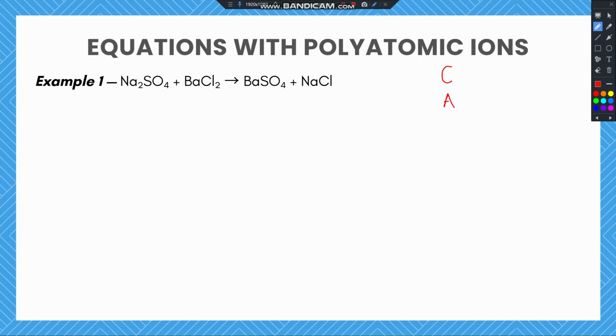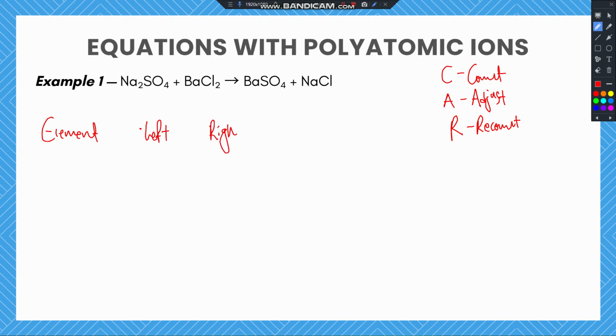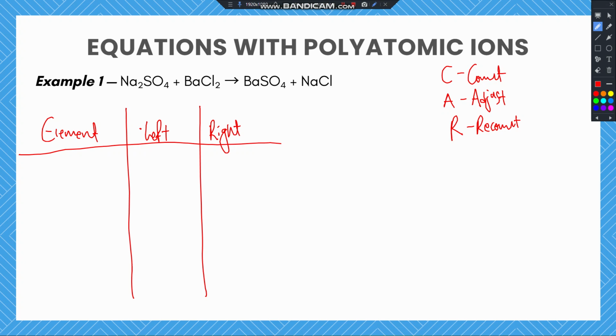We have CAR. C stands for count, A stands for adjust, and R stands for recount. So I have one column for the element, another column for the left hand side of the equation, and the last one for the right hand side of the equation. So let's identify the elements. The first one we have is sodium, Na.